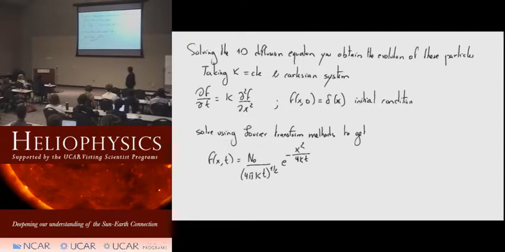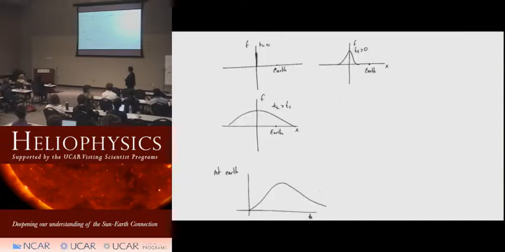And you solve this, and you get that the distribution function that starts as a delta will, with time, broaden and fall exponentially. So you have something like that. So at t equals 0, here at Earth, this is me sitting, I had an impulsive event that had everybody concentrated here. With time, it's going to broaden and have this behavior, okay?